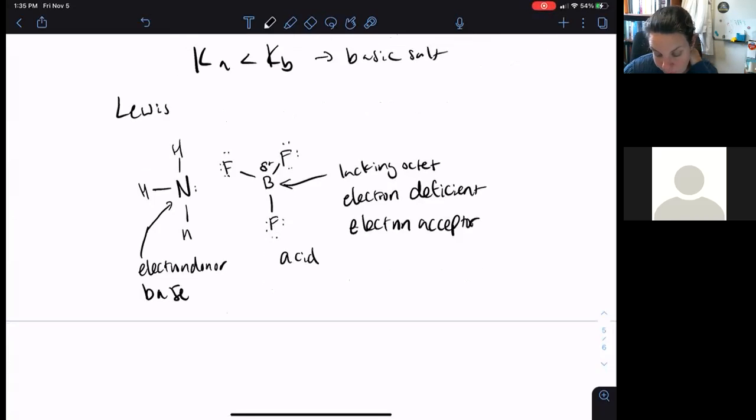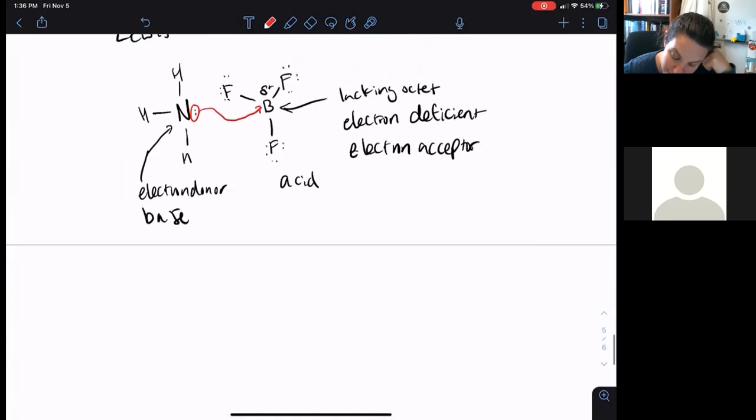And then the way that this would work is this electron pair on this electronegative atom is going to go towards this positive. Because it's already electron deficient and it has less than an octet, we do not need to break any bonds, right? We will not be beyond an octet when we make this, so we're good.